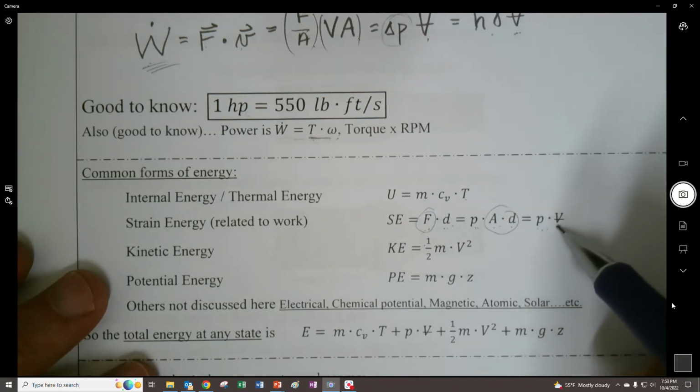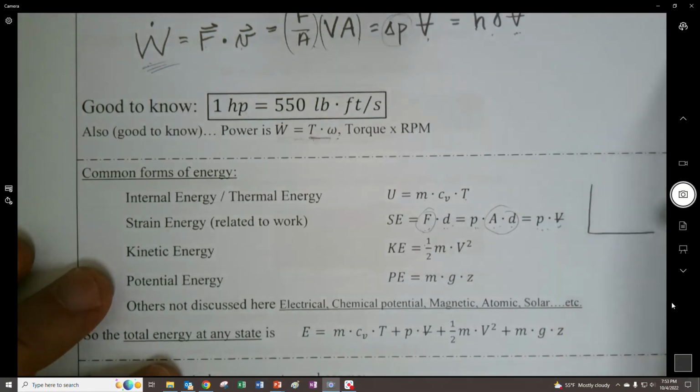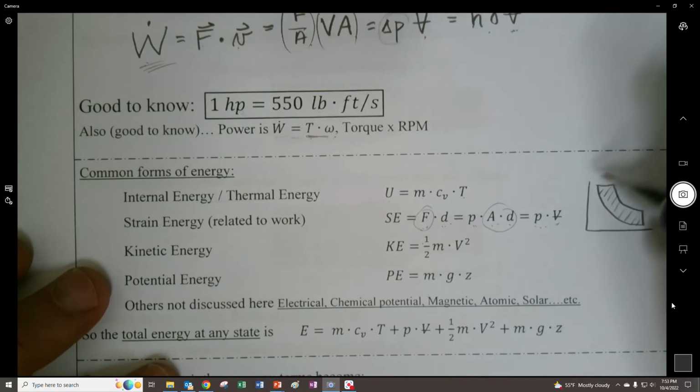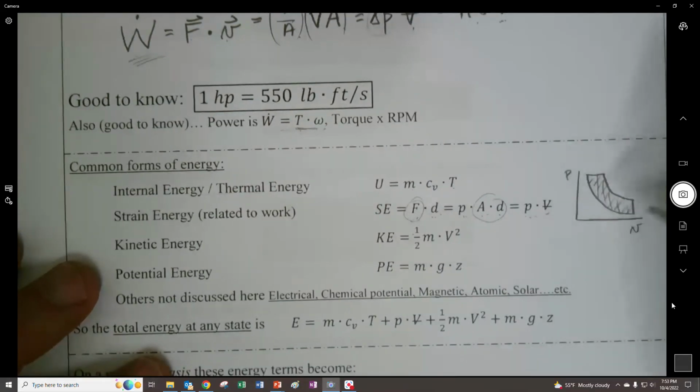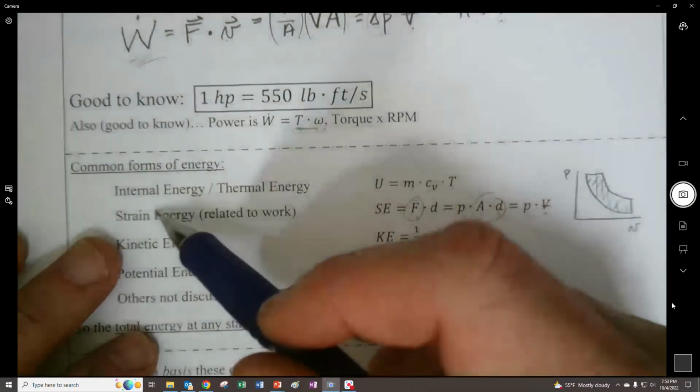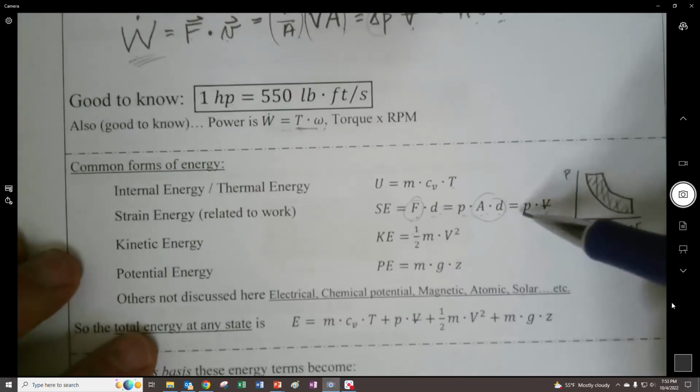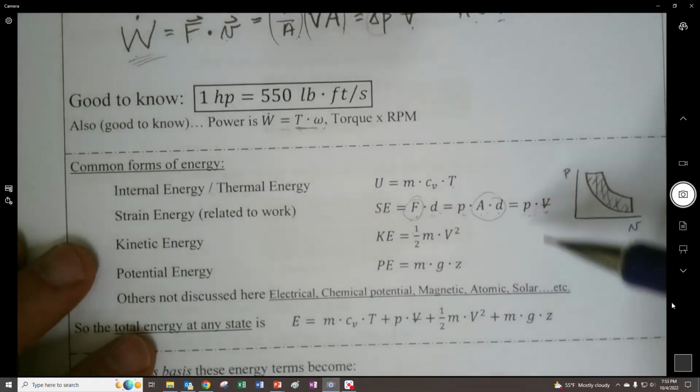So pressure times volume. I often think about the banana curves you may be familiar with. I think this is a diesel cycle I just drew there, but we have a PV diagram right here, and we know that the area inside the banana curve is going to be work.